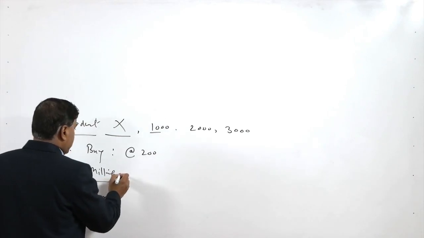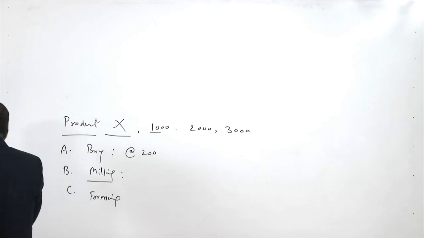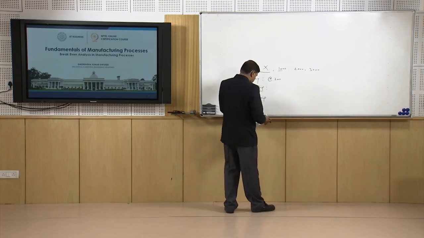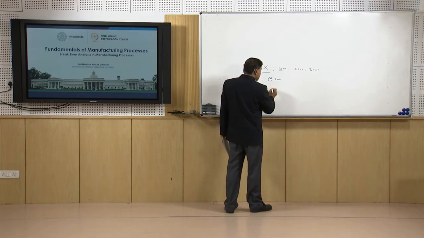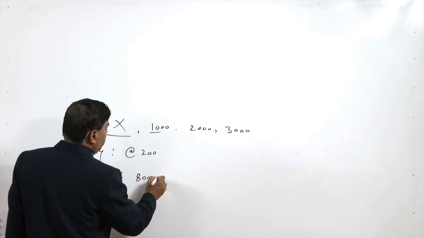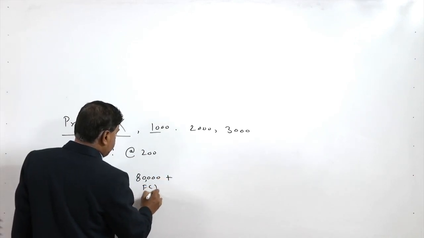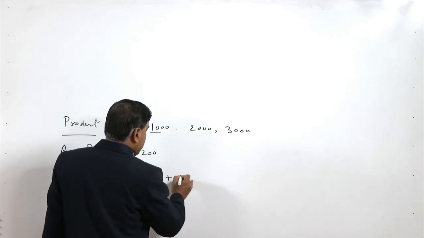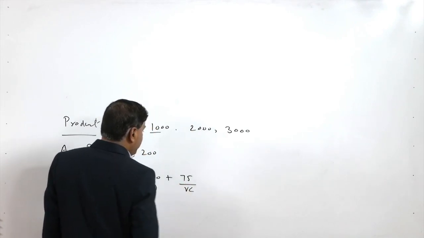So, if milling is used, then the fixed cost for the milling option, the initial investment, is 80,000 units in terms of fixed cost. This is the FC for milling, and the variable cost is rupees 75 per unit, the VC.